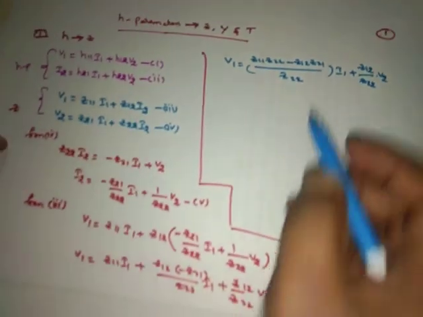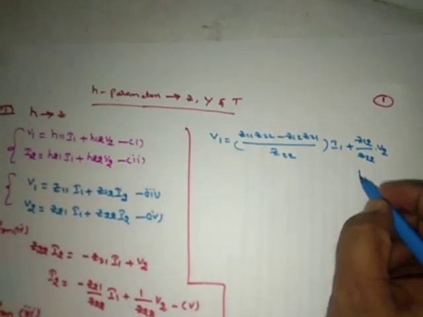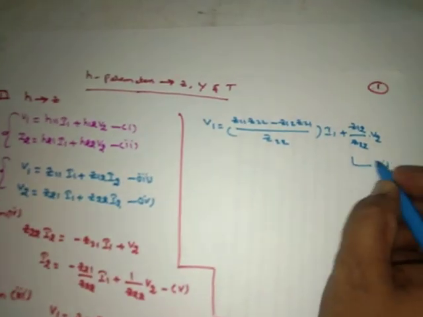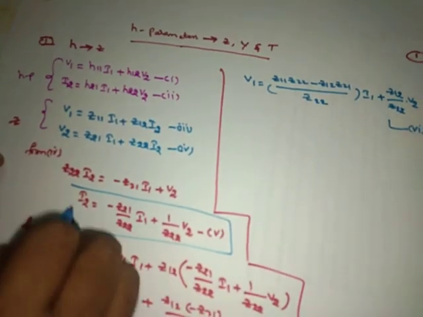Now V1 depends upon I1 and V2. This is equation 6.